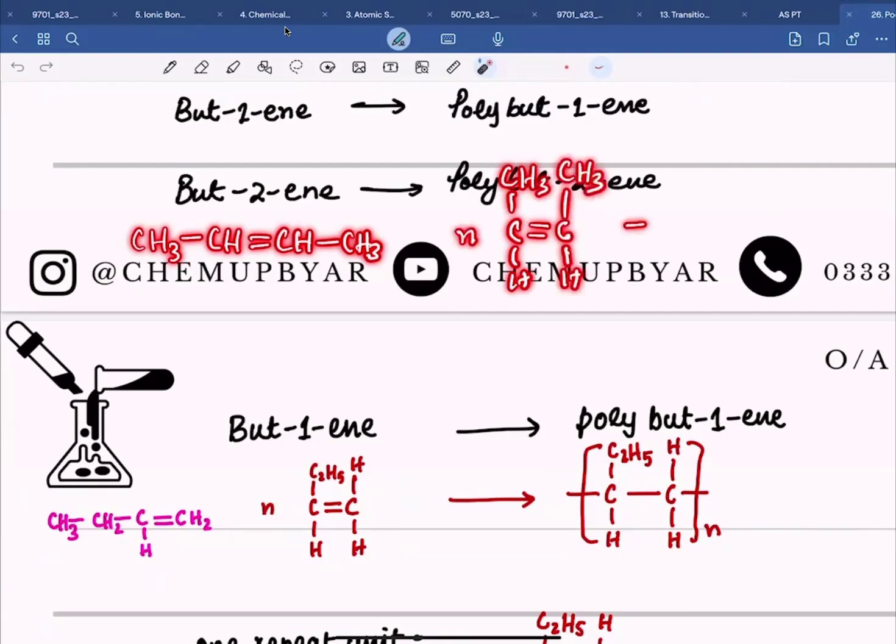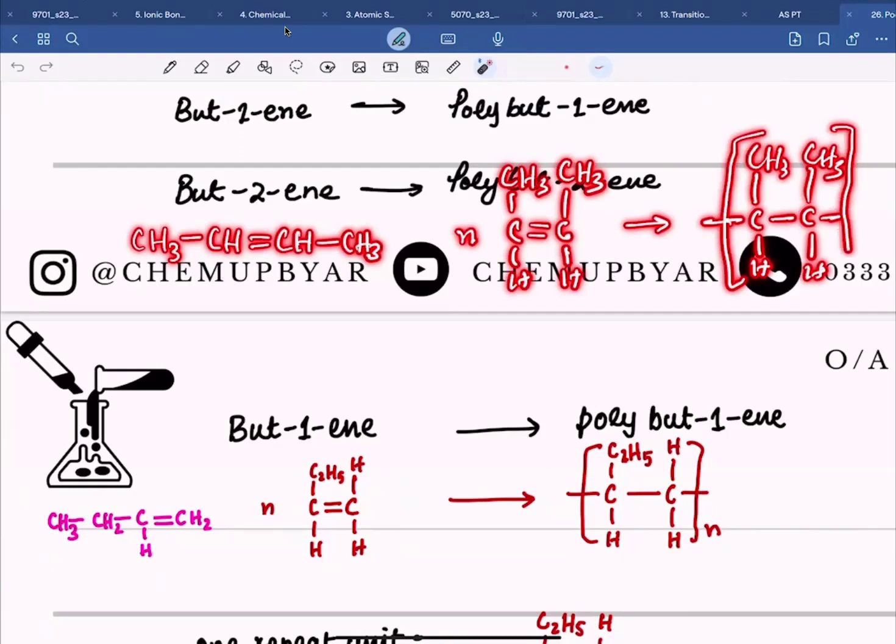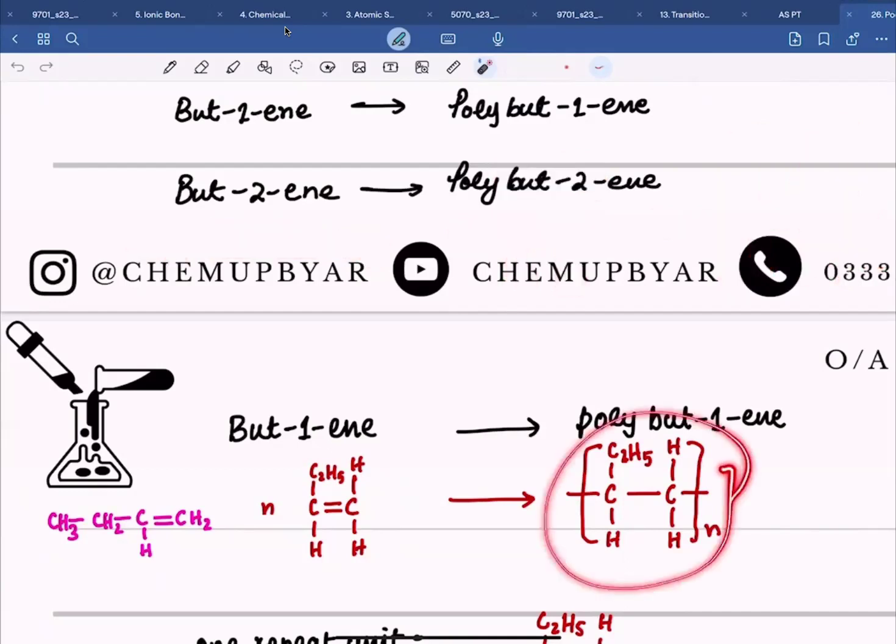So there are n number of moles, and then C, C, H, H, CH3, CH3, and then we put an n over here. So it's a polybutene.